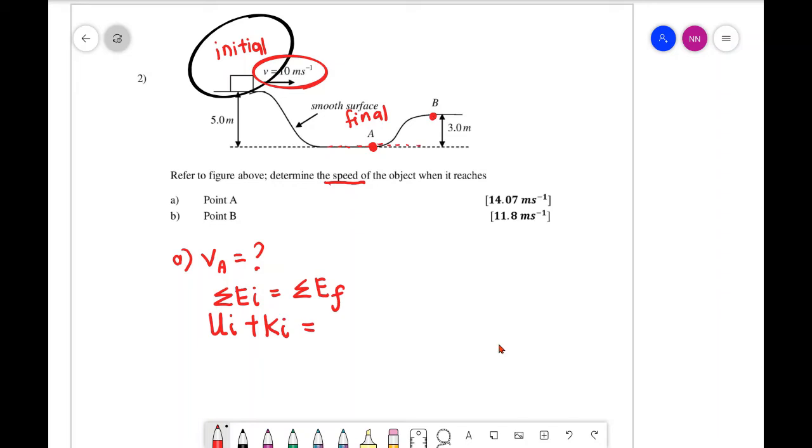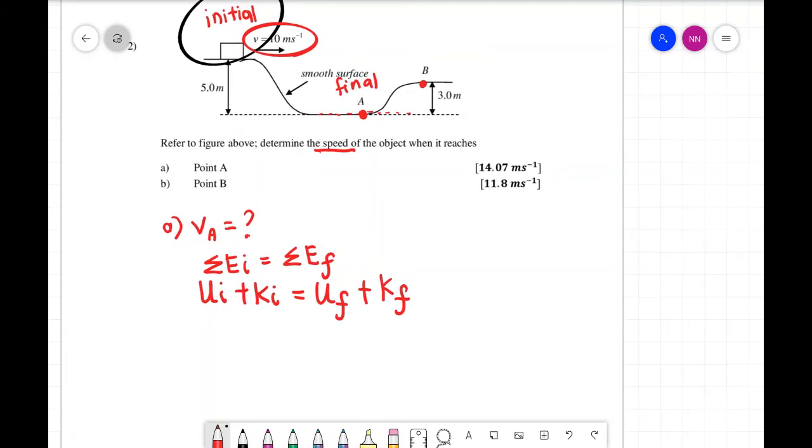You may write U final, and then substitute it as 0, plus KF. Write down the formula for potential energy, mg height initial, and the formula for kinetic energy.